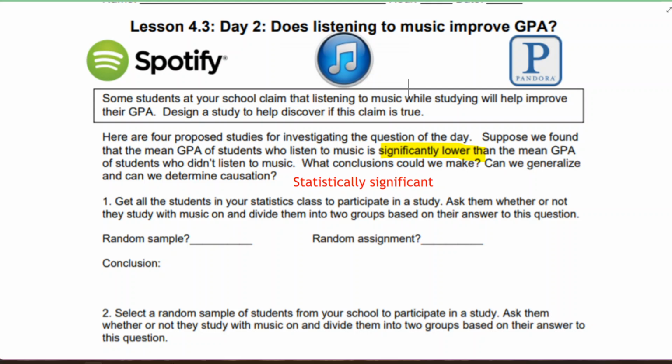We're just taking all of the students in statistics class, so I don't think that's a random sample. And then we're going to ask them whether or not they studied with music. We didn't assign anybody any treatments here. We're just saying, hey, did you study with music or did you not? So there's no random assignment being done here either.